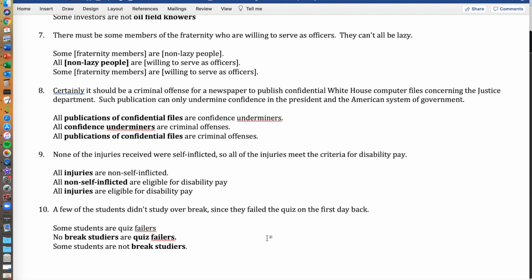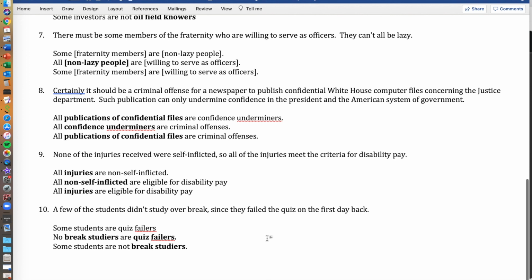But for the missing premise, there's usually a couple of options depending on which way you define your terms. So it's possible you will have a different answer than I've given for the missing premise, and you can test that by determining whether your answer is the logical equivalent of the answer that I've given. And you can also apply all of the rules of inference to make sure you have a valid syllogism.